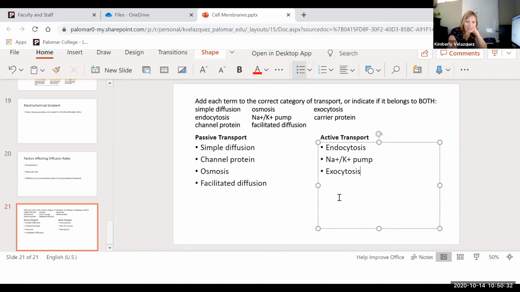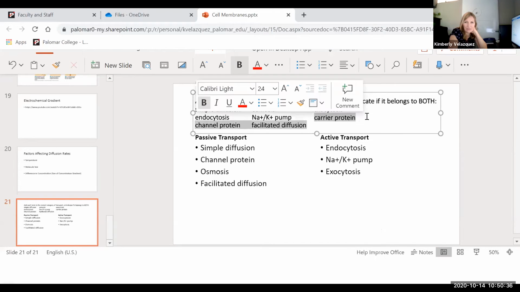Okay, and then lastly, carrier protein. Yay, Jenna, it's both. Yeah, a few of you are starting to get that now. It is both. That one requires some thought.